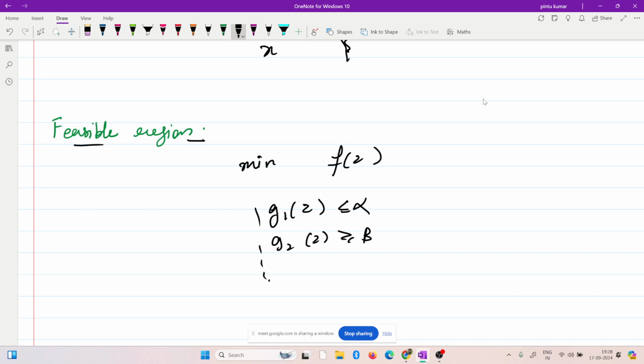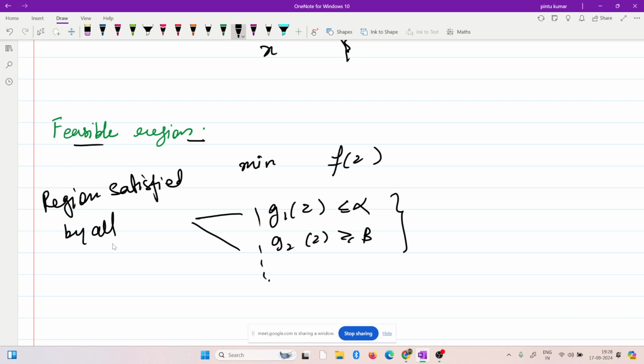So if you look at all constraints and look at the region satisfied by all constraints, that is called your feasible region.